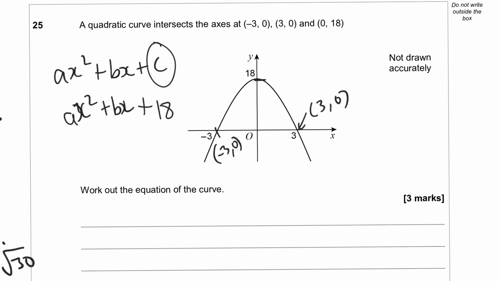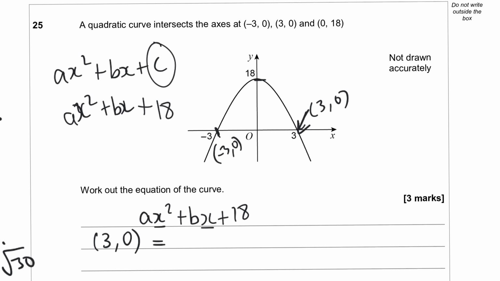What we can do is substitute their x values, and we can basically solve this using linear simultaneous equations. If we know that the formula is ax squared plus bx plus 18, then looking at point number 1, the point 3, 0, I substitute those values in.